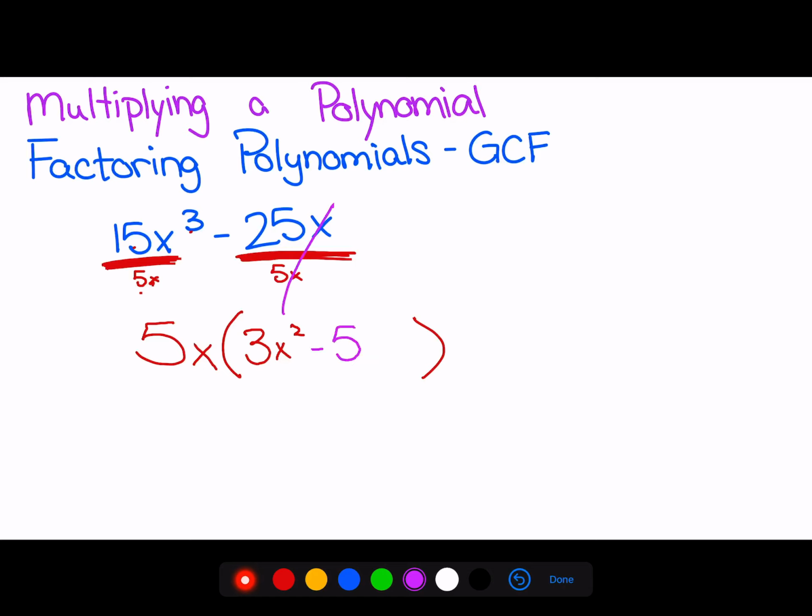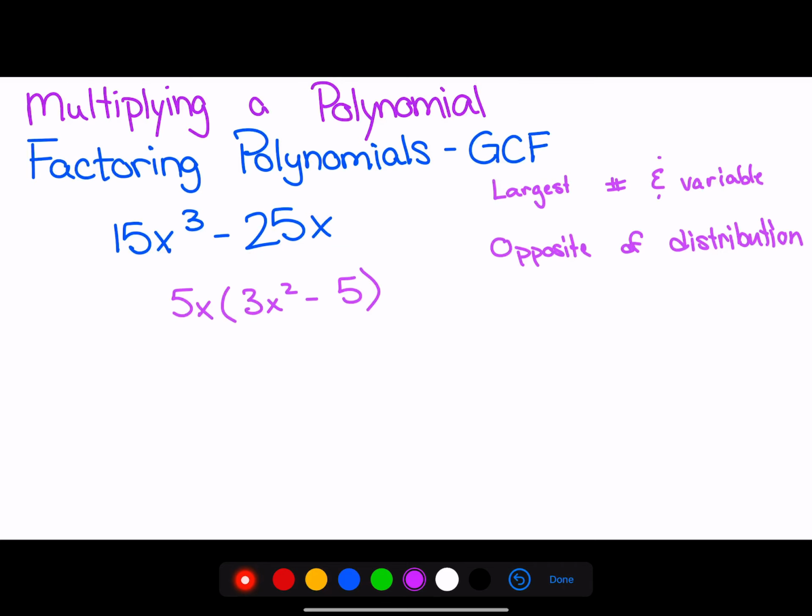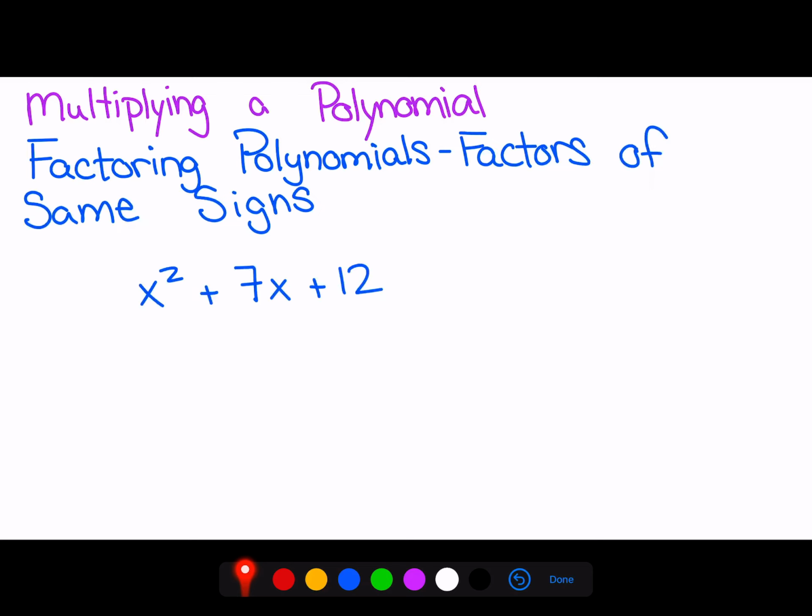X divided by x cancels each other out, so we're left with our final answer being 5x times 3x squared minus 5. So largest number and variable, and it's the opposite of distribution. So what we were just doing, this is the opposite. I'm going from completely multiplied out, and I'm going back just showing what can be multiplied. So it's just doing the opposite of what we were just trying out.